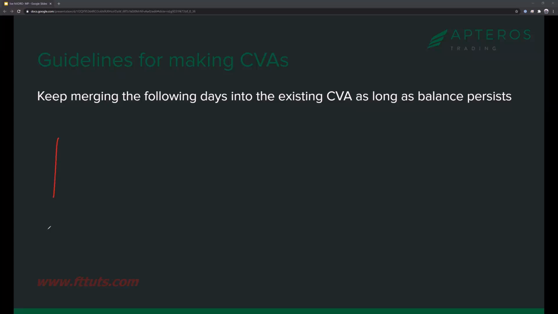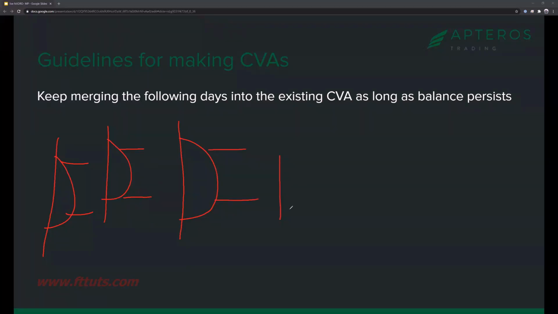So if we have, let's say, those two days, doesn't matter, they're pretty good balance, and we end up making our CVA from that, and then day 3 comes in here and it's like this, well, guess what? It's going in. It's going to be part of it. If day 4 is here, well, guess what? It's going in as well. We're going to have a whole 4-day balance, right? As long as the days are not changing condition, right?